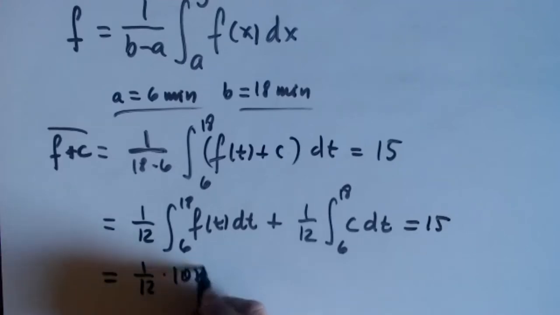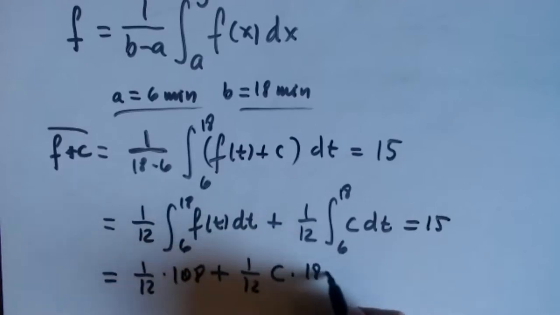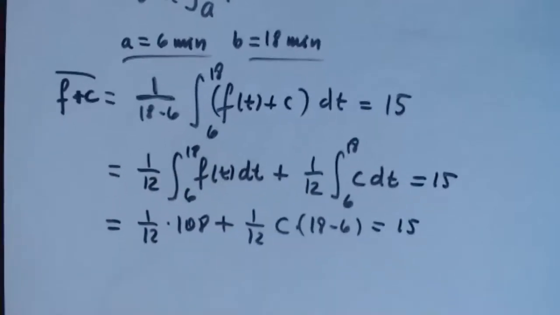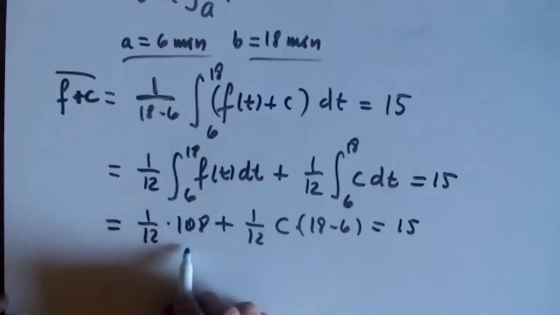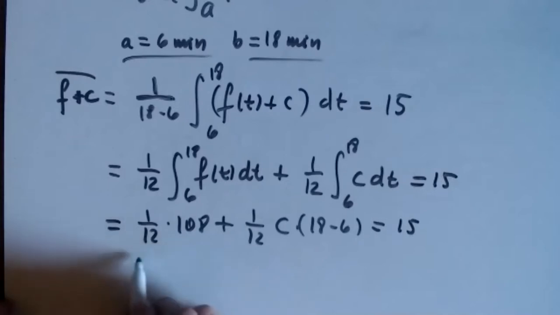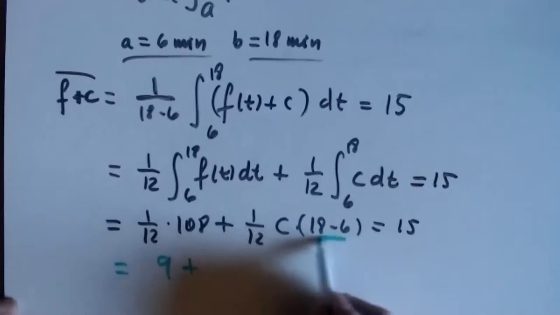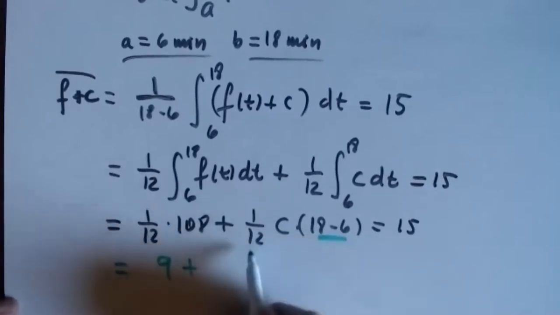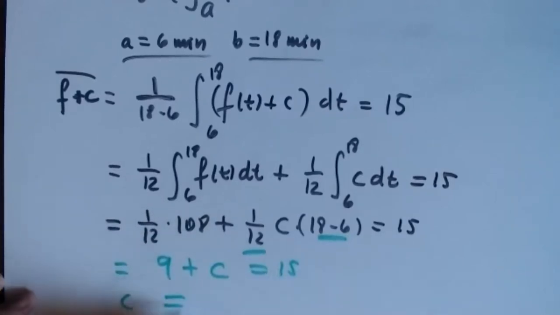Plus 1/12, and this is c times 18 minus 6, or 12, equals 15, correct? So I'm going to do now my algebra. 108 divided by 12 is, oops, vamos a ver, 9, correct? Yeah, 9. Plus, this is 12 over 12, they cancel out, so 9 plus c equals 15. So my c equals 6. Correct.